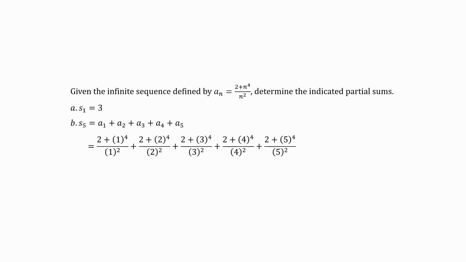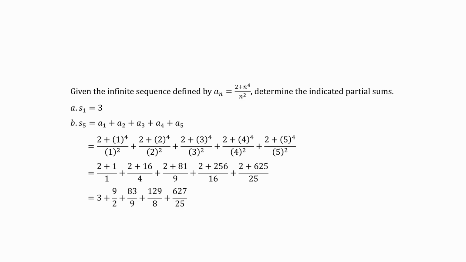So perform natin yung operations. So 2 plus 1 over 1 plus 2 plus 16 over 4 plus 2 plus 81 over 9 plus 2 plus 256 over 16 plus 2 plus 625 over 25. So, sige pa.